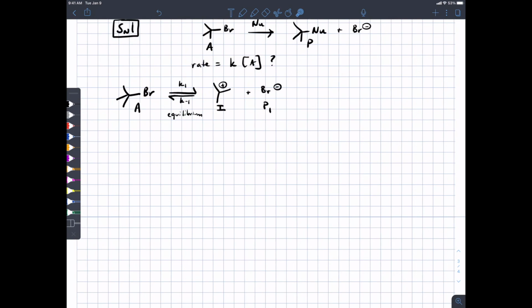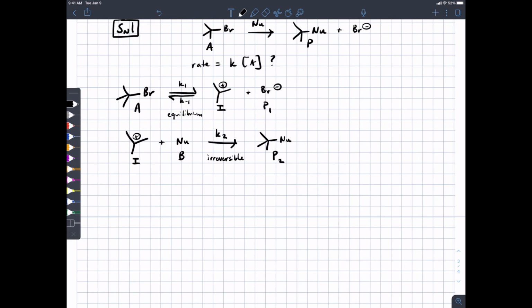Then, in a second step, that carbocationic intermediate I reacts with nucleophile, we'll call it B, with some rate constant K2, and we'll say this reaction is irreversible because the products are so far down in energy from the carbocationic intermediate energy as to make the reverse reaction impossible, and that gives you product 2.